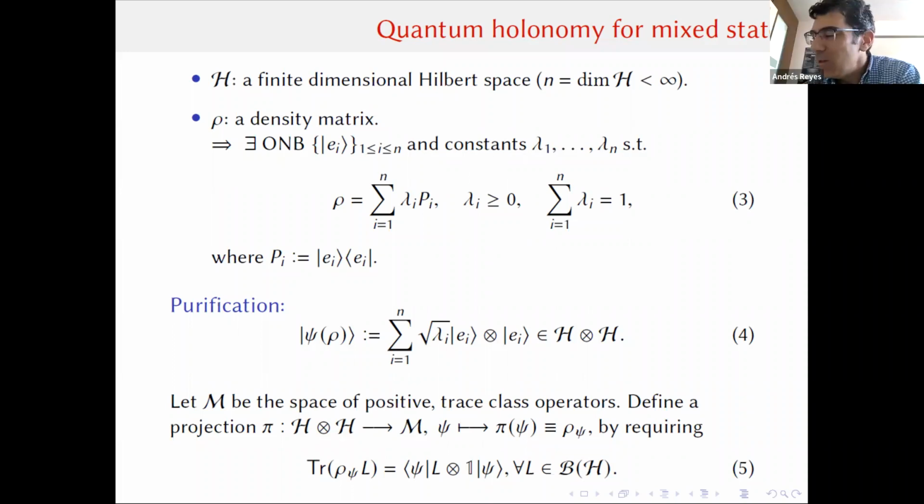Yes. So that's why that last part is just work in progress. There are hints, for instance, the fact that if you compute the holonomy for the mixed state, you get the same result as if you purify the state and then compute the Berry phase.